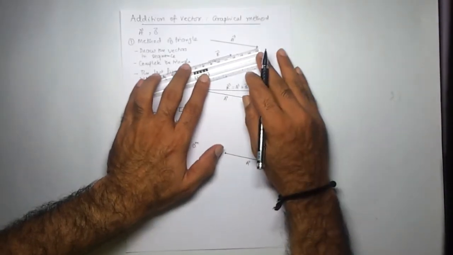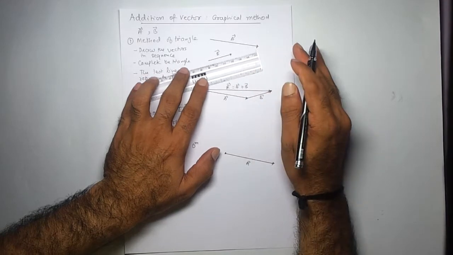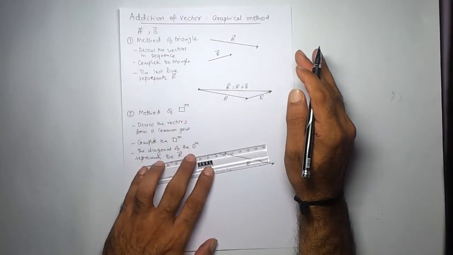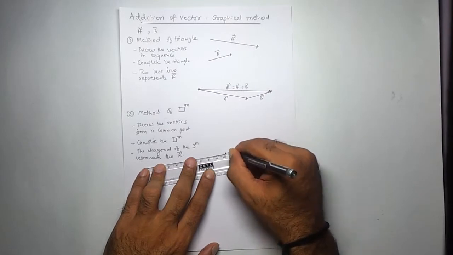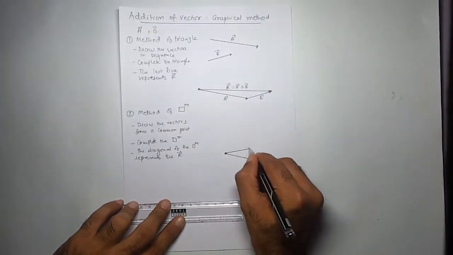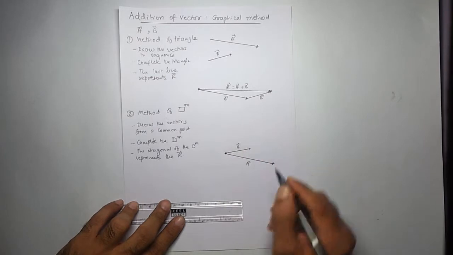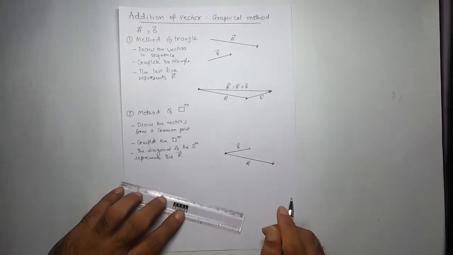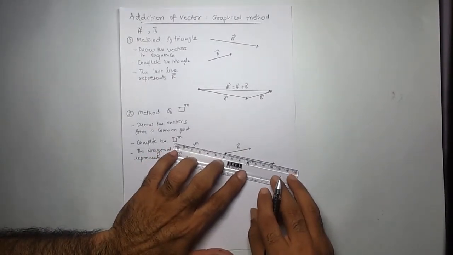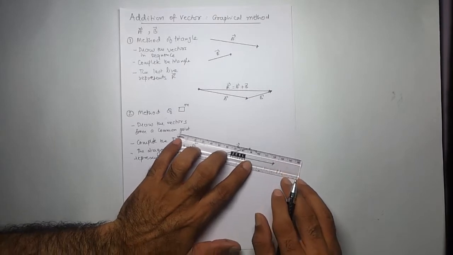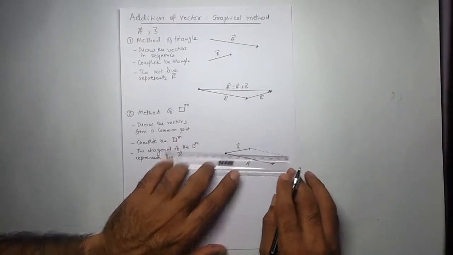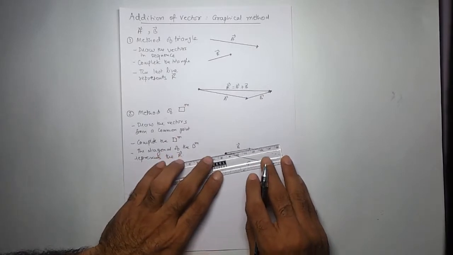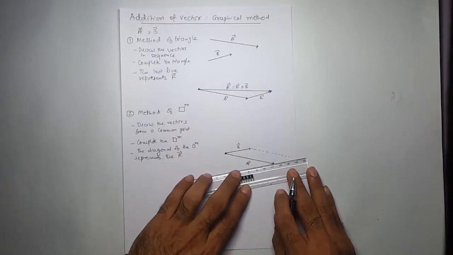I'll take care of the direction. So this is vector B. Now I'll complete the parallelogram. To do that, I draw a line parallel to this one, a dotted line, and then a parallel line over here.